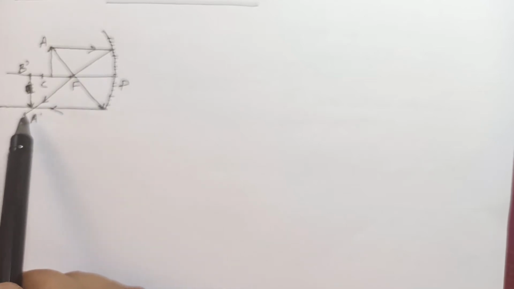The other ray goes through focus and then becomes parallel to the principal axis, which is again rule number 2. Both the rays meet at this point, and we get this image if you join from the principal axis to this.